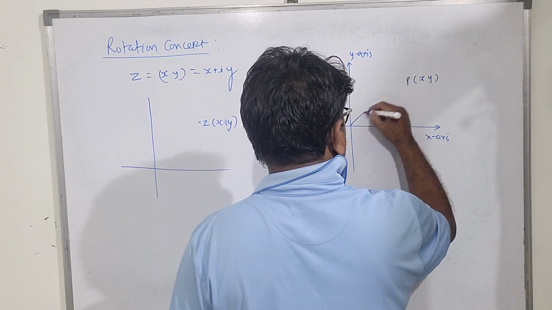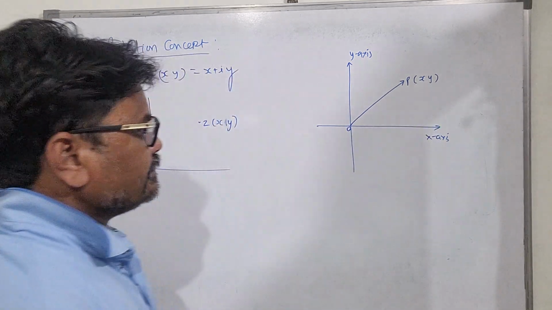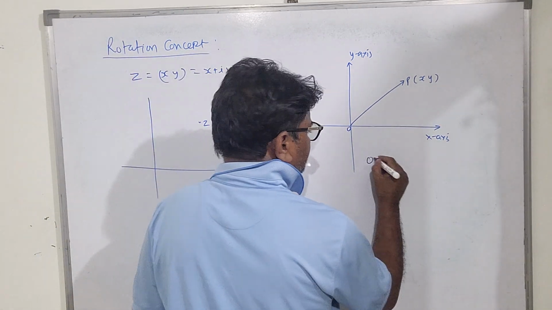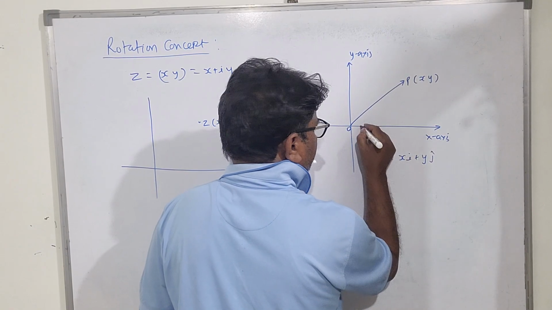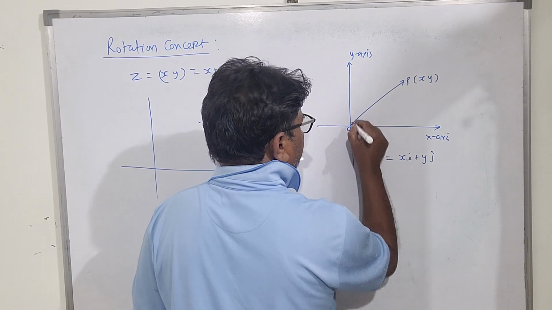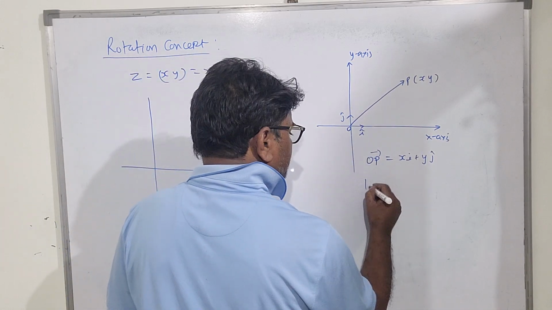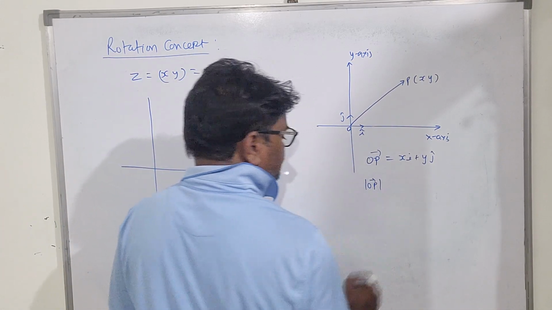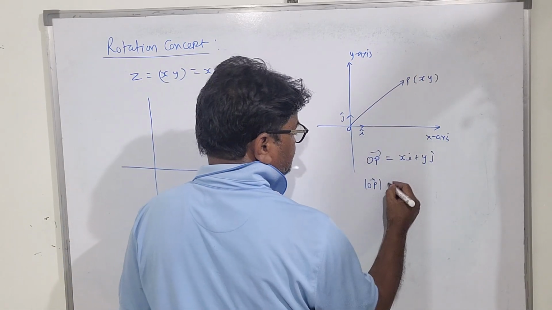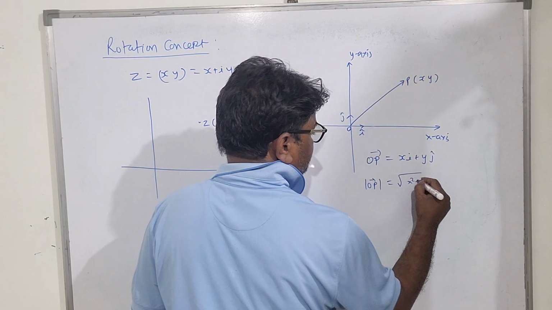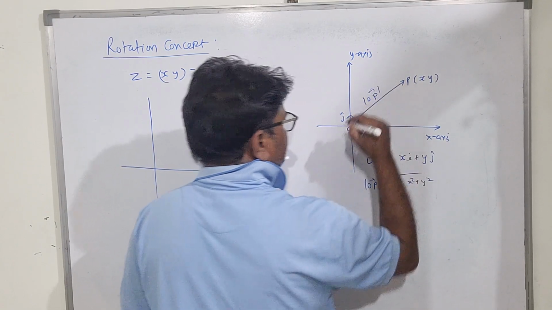So then this vector OP is a vector given by xi plus yj, where i is a unit vector along x-axis and j is a unit vector along y-axis, and the modulus or magnitude of this vector OP, magnitude means the length of this vector OP, is given by square root of x square plus y square, that is magnitude of OP.